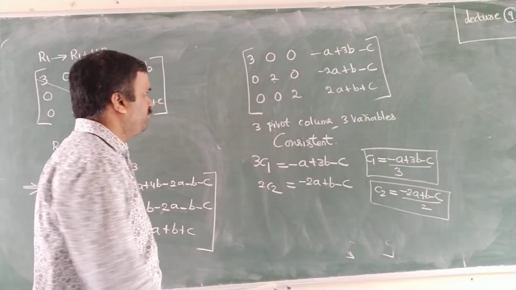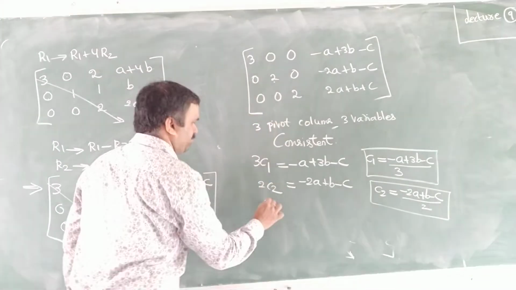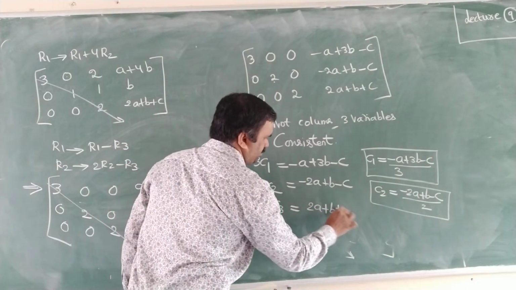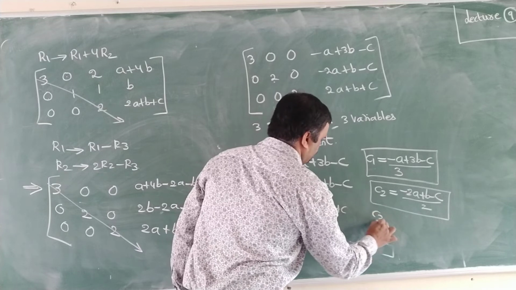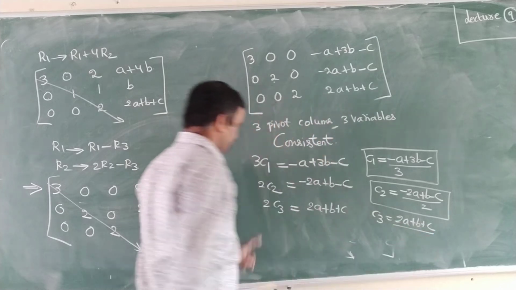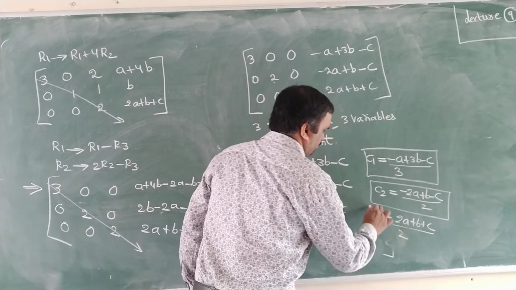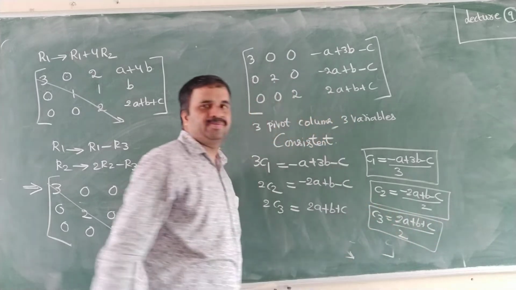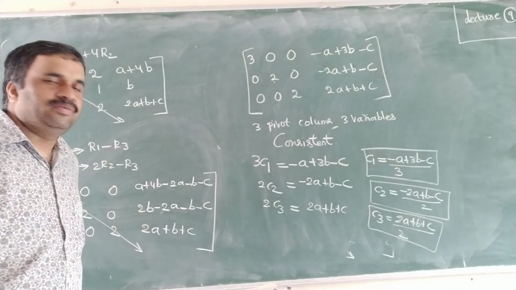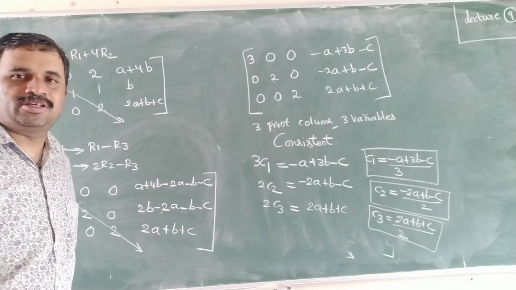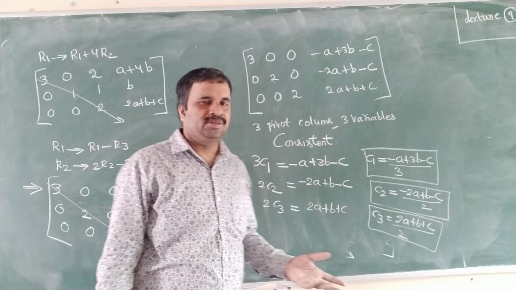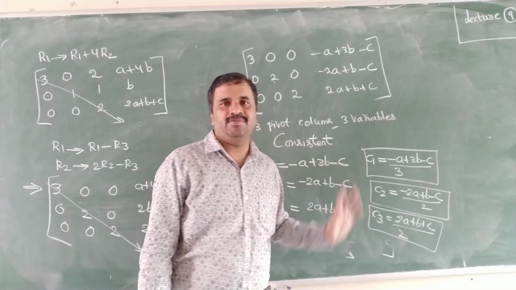And similarly I can give the C3 value. 2C3 equal to 2A plus B plus C. Nothing but C3 equal to (2A plus B plus C) by 2. So we got C1, C2, C3 values in terms of A, B, C. Let us assume values for A, B, C so that we can find C1, C2, C3.